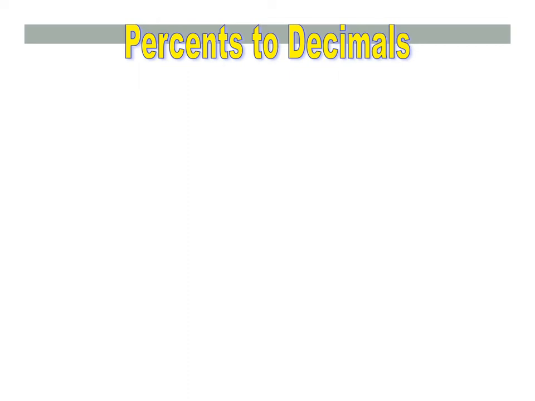So let's talk about percents to decimals. Think about what you already know. You know that percent means out of 100. You know that every fraction is really a division. So if you have something that you can write out of 100, you are going to divide, just like you would any fraction.